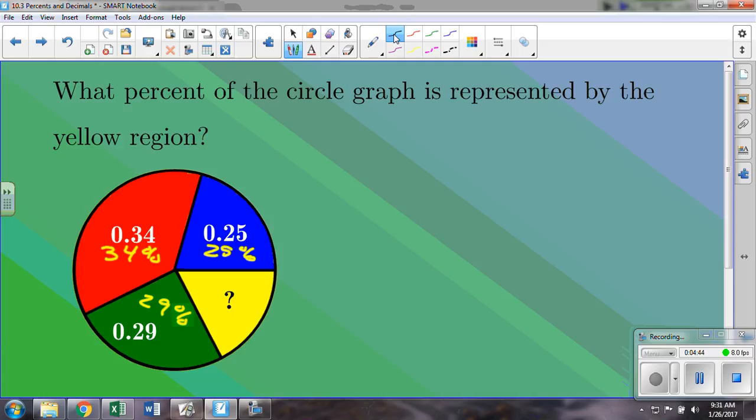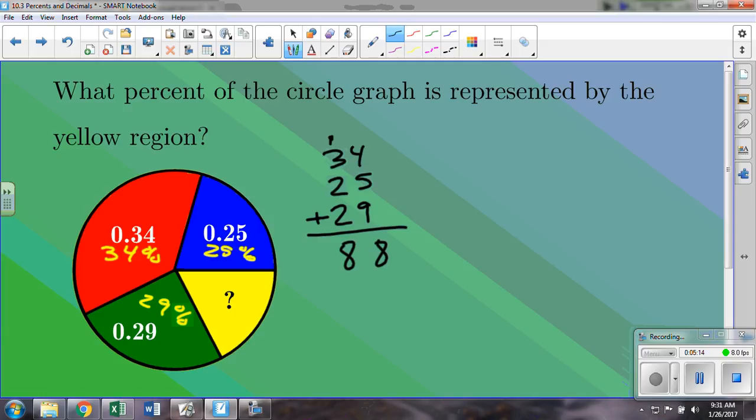So all we're really looking at saying is we've got 34, we've got the 25% in the blue, we have 29% in the green. If we add up all the pieces that we currently have, 4 plus 5 is 9, 9 plus 9 gives us 18, 1 plus 3 is 4, plus 2 plus 2 equals 8. So far, we've used up 88%.